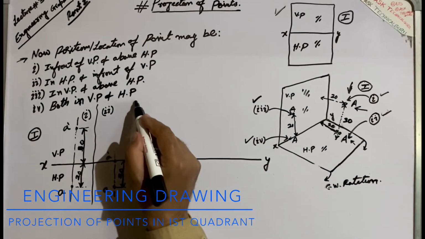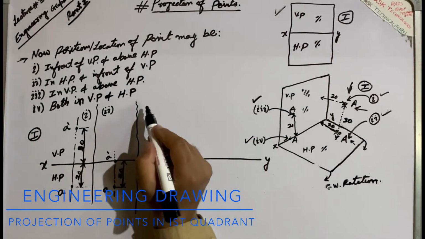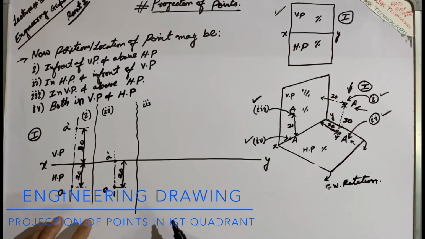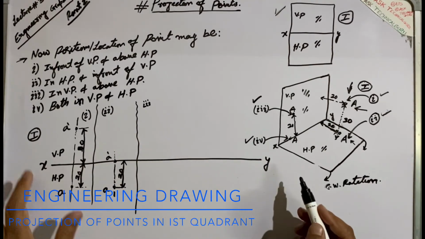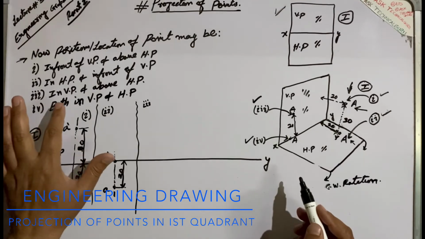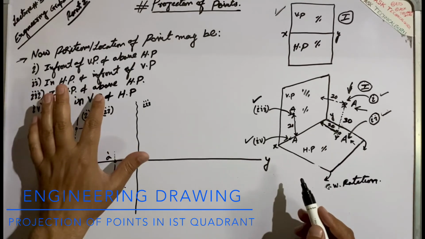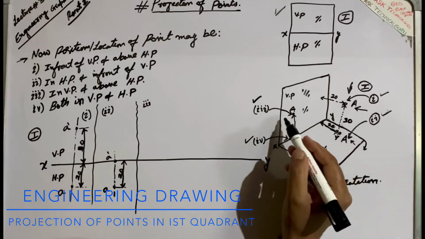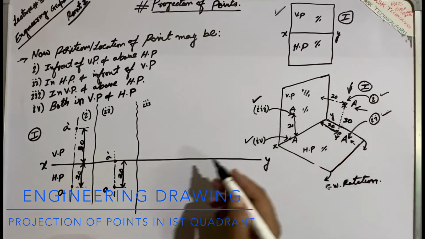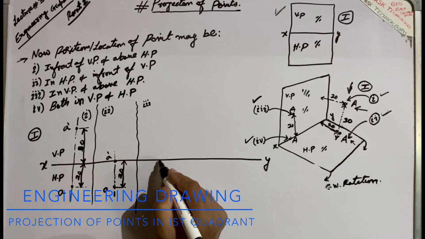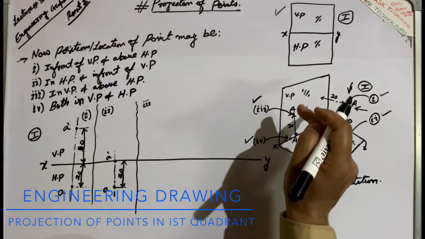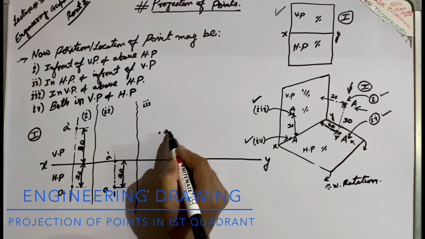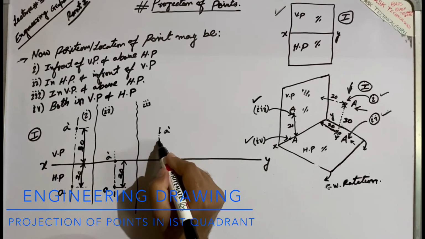Now for condition number third. For condition number third, the point is in the vertical plane and above the horizontal plane. Okay, that is this condition. So in front view we will be able to see how much it is above the horizontal plane. That is, we will go 20 mm here. This is its front view, A dash.